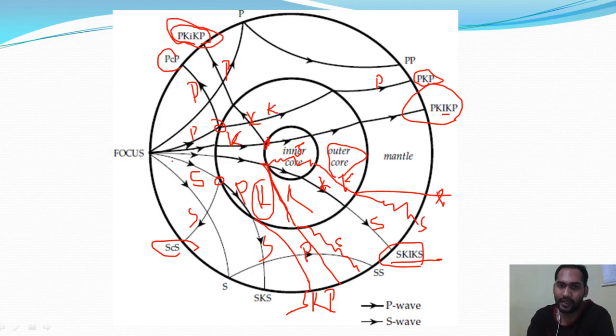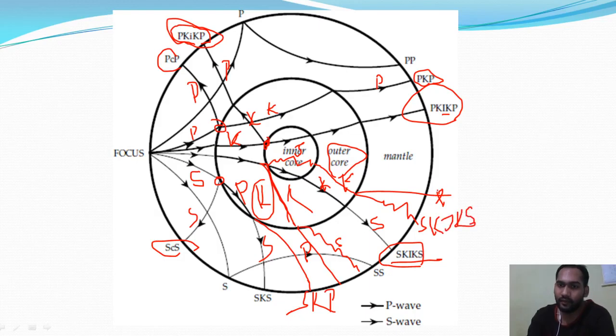Or S, K, J, K, S means S in mantle, P in outer core, S in inner core, P in outer core, S in mantle. So that is S, K, J, K, S, right?